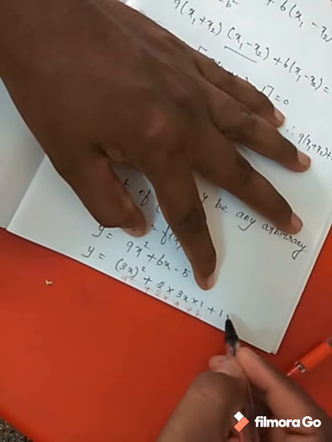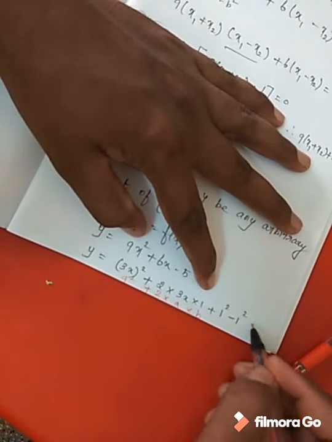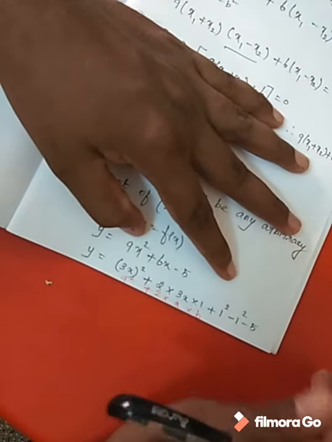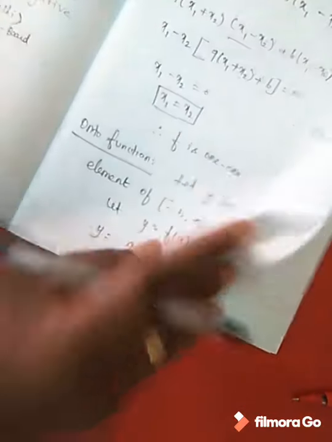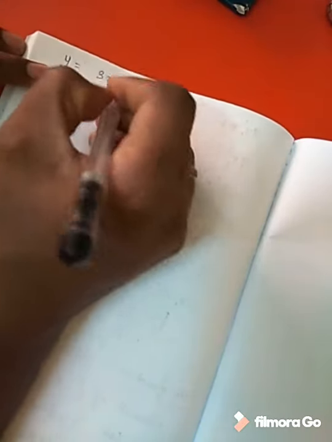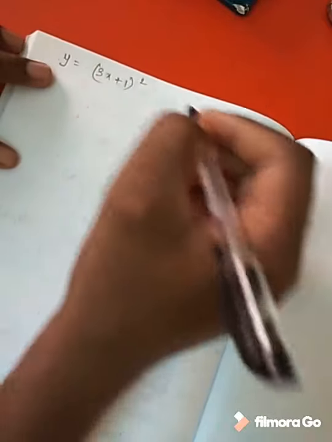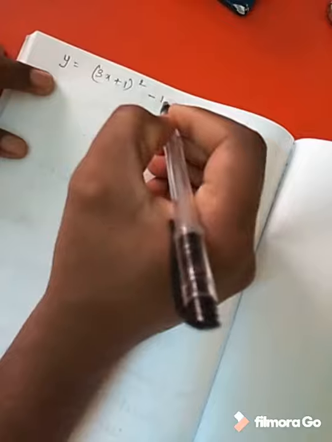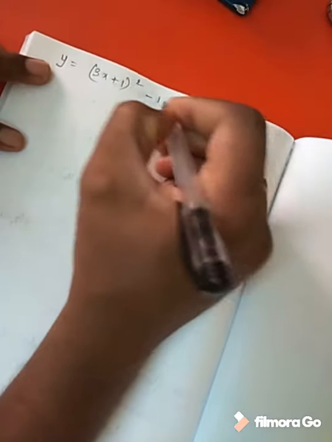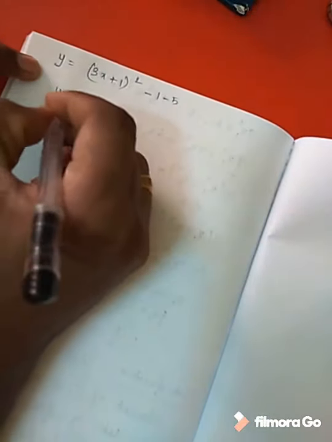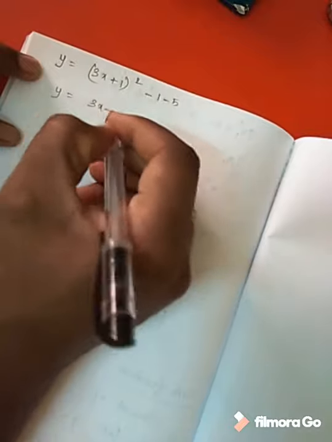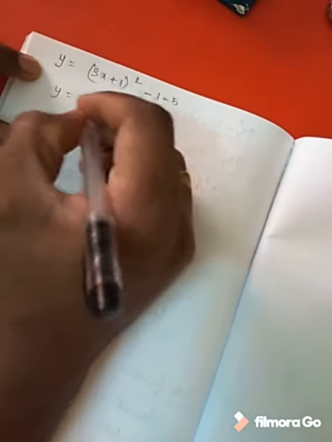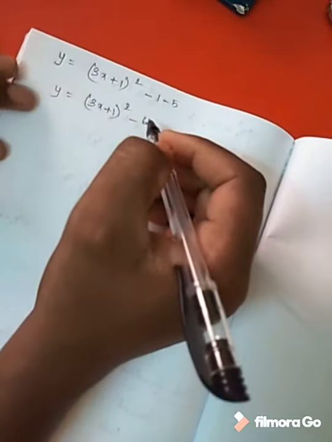So I can add 1 (b²) and subtract 1 (b²), and at last the given constant -5. Okay, the next step is very simple. I can write y = (a + b)², and since I have added 1 b², I subtract 1 b², minus 1 squared becomes -1, and it is given -5. So I will get y = (3x + 1)² - 6.